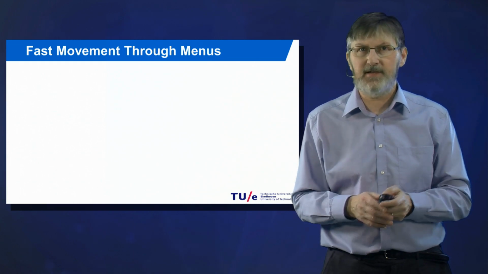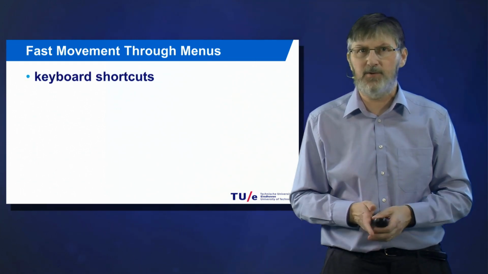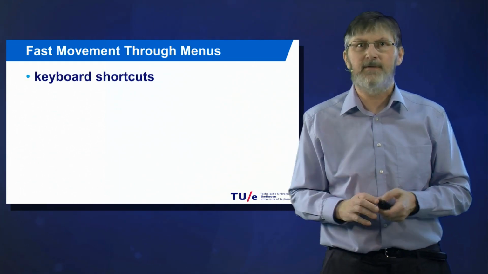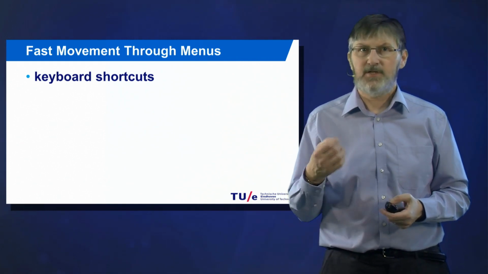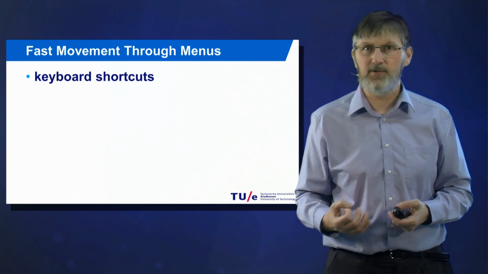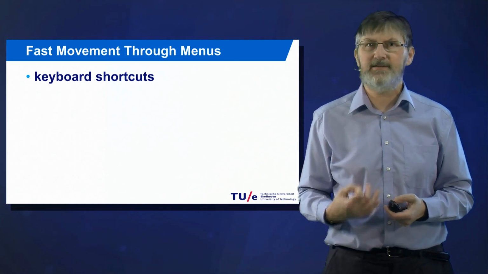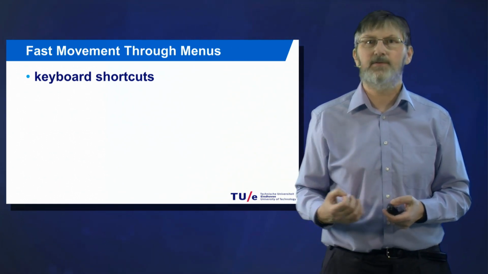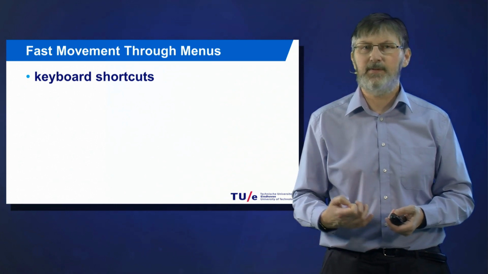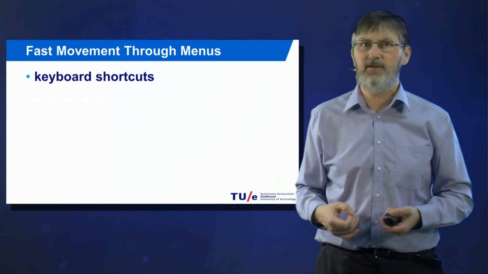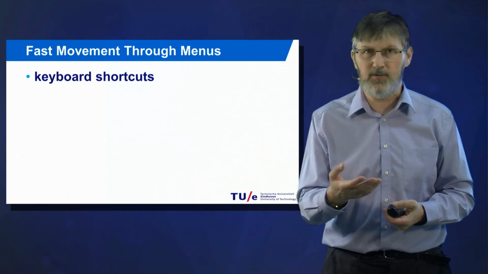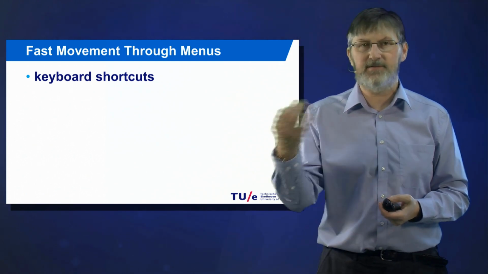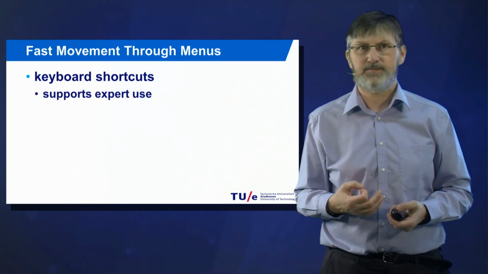We can facilitate moving faster through menus than the simple mouse selection by offering keyboard shortcuts. Keyboard shortcuts are not only used to directly access the items to be executed, but can also be used to navigate through the menu. So the first letter, for instance, from a menu item can be used to automatically select its submenu.